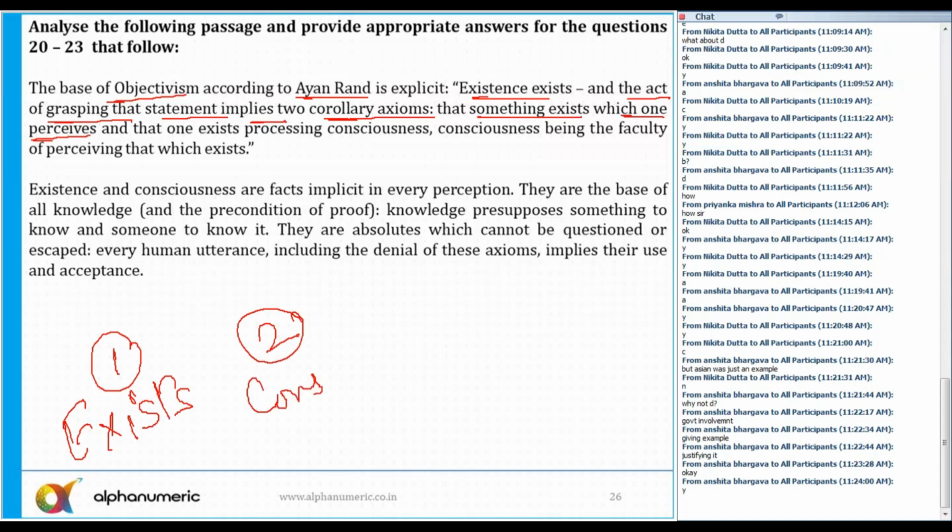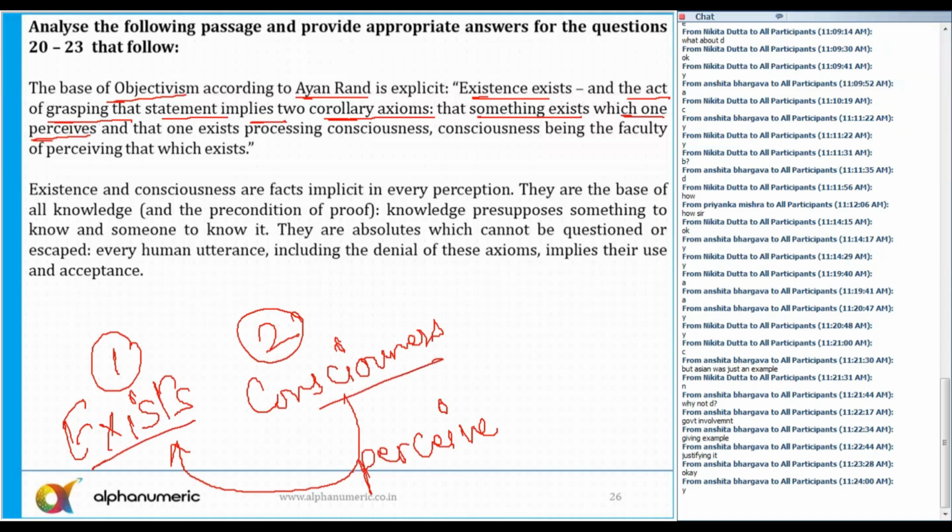We can perceive it. How? Through a consciousness. So consciousness helps us to perceive something that exists. Consciousness is the faculty of perceiving that which exists.